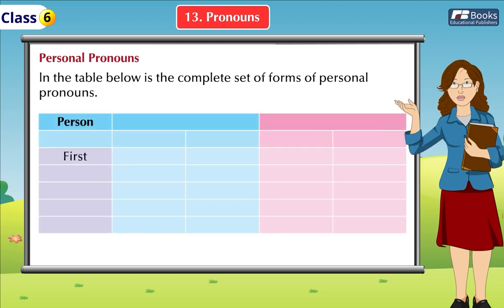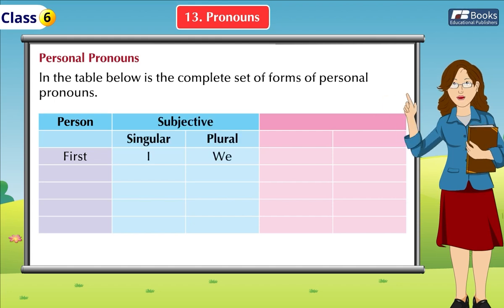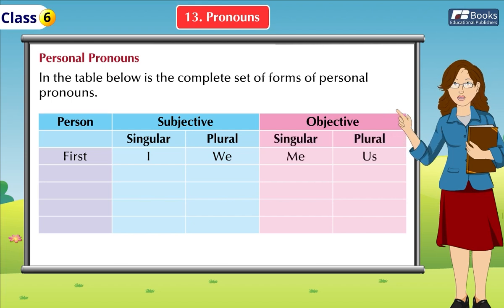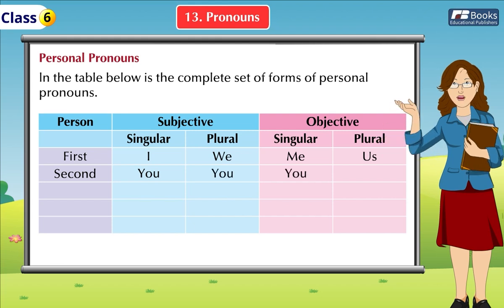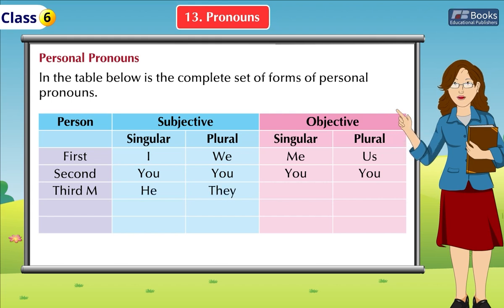Person, first. Subjective, singular I, plural we. Objective, singular me, plural us. Person, second. Subjective, singular you, plural you. Objective, singular you, plural you. Person, third, male. Subjective, singular he, plural they.